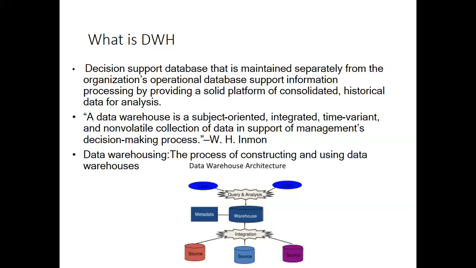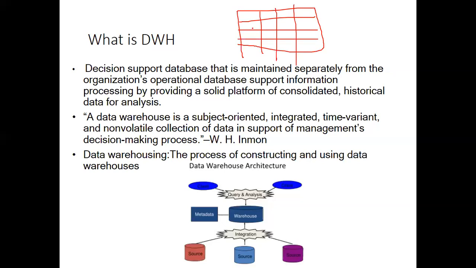So it has both rows and columns, so it will be a two-dimensional format. Here we have column 1, column 2, column 3, column 4: student ID, name, address, and so on.